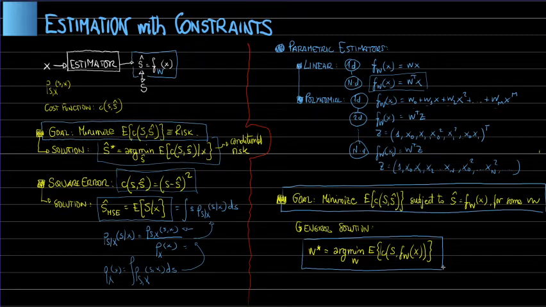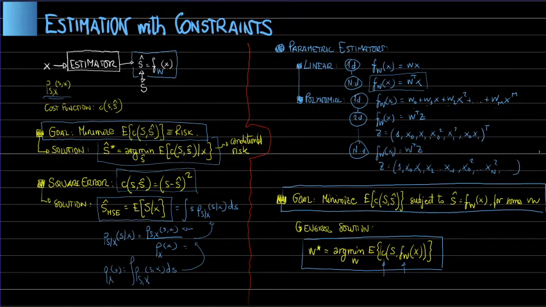So in general, we will be given a cost and a parametric form and a model relating S and X, and with this information we have to try to compute an analytical expression for this expectation, and after that try to minimize it with respect to W.